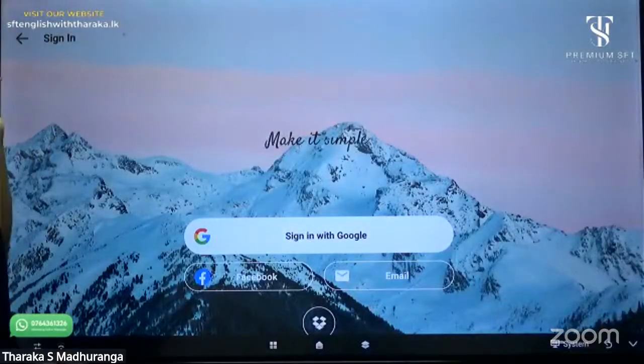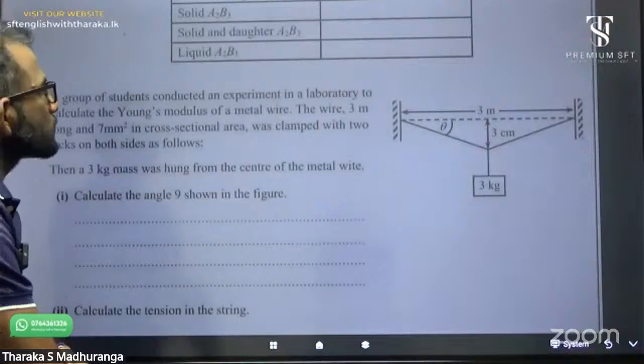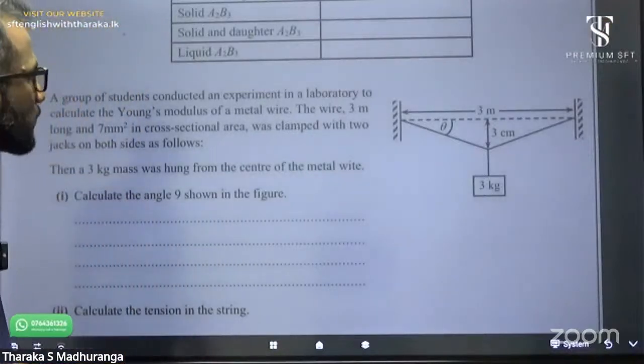A group of students conducted an experiment in laboratory to calculate the Young's modulus of a metal wire.